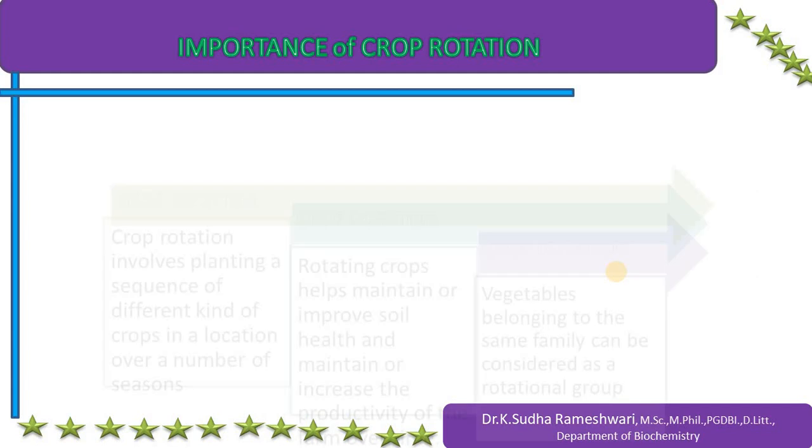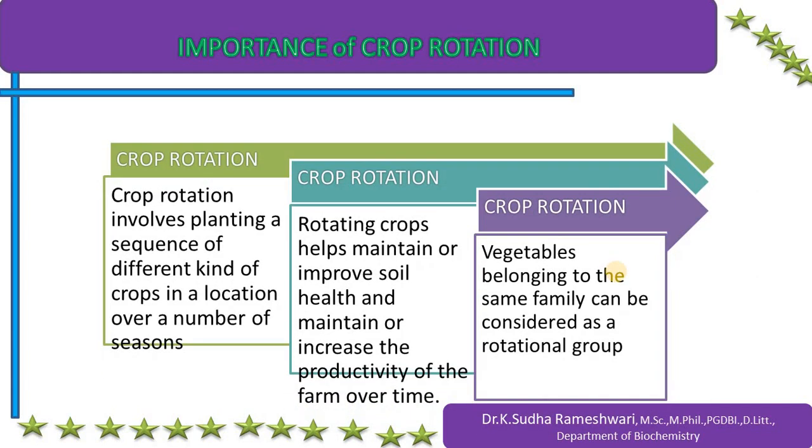Crop rotation involves planting a sequence of different kinds of crops in a location over a number of seasons. Rotating crops helps maintain or improve soil health and maintain or increase productivity of the farm over time.